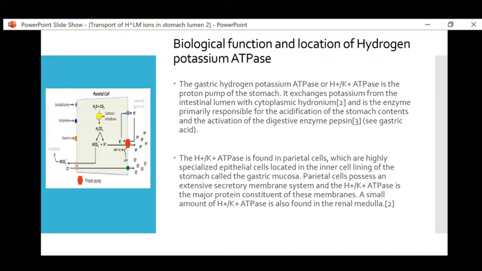This ATPase is found in the parietal cells, which are highly specialized epithelial cells located in the inner cell lining of the stomach, called the gastric mucosa. Parietal cells possess an extensive secretory membrane system, and the hydrogen potassium ATPase is the major protein constituent of these membranes. A small amount of hydrogen potassium ATPase is also found in the renal medulla.